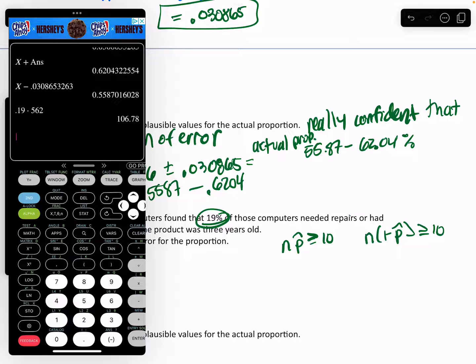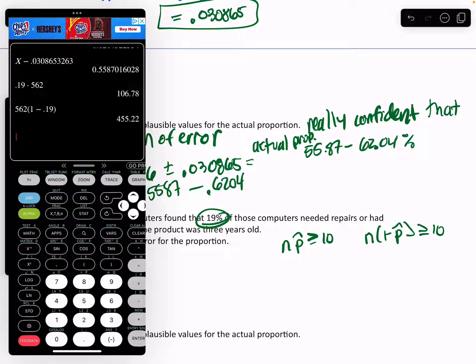That gives us 106.78 computers that were bad by the 3 years or had problems. Then I'm going to do 562 times 1 minus 0.19. So 455. Both of those numbers are greater than or equal to 10.